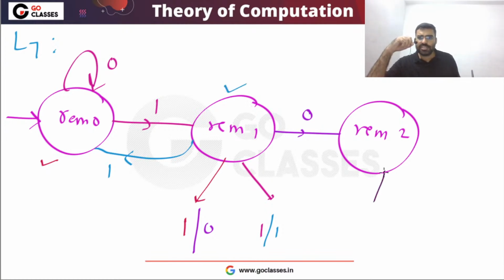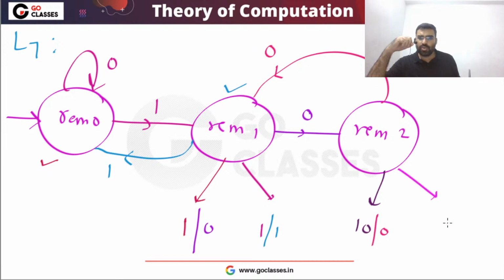Next, this state is saying that I have seen 1 followed by 0. If you give me 0, the decimal value will be 4, and when you divide by 3, the remainder will be 1. So on 0, I go to the remainder 1 state.